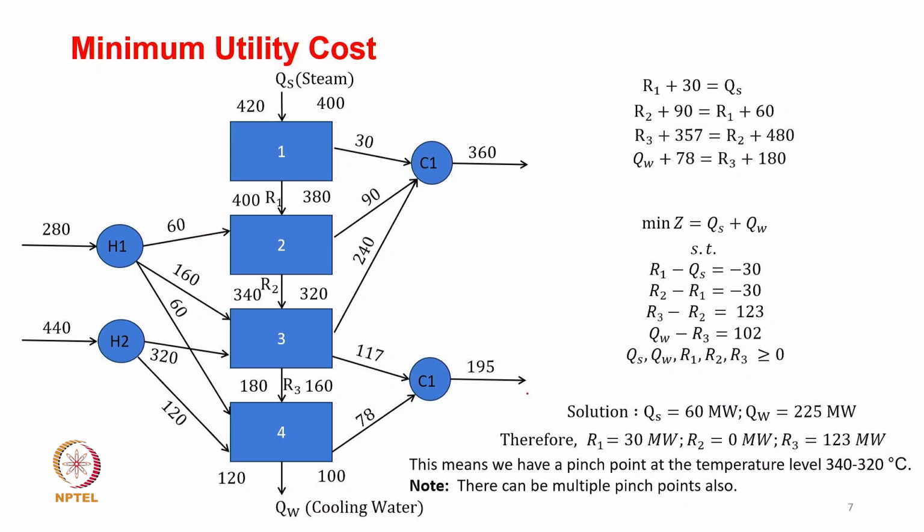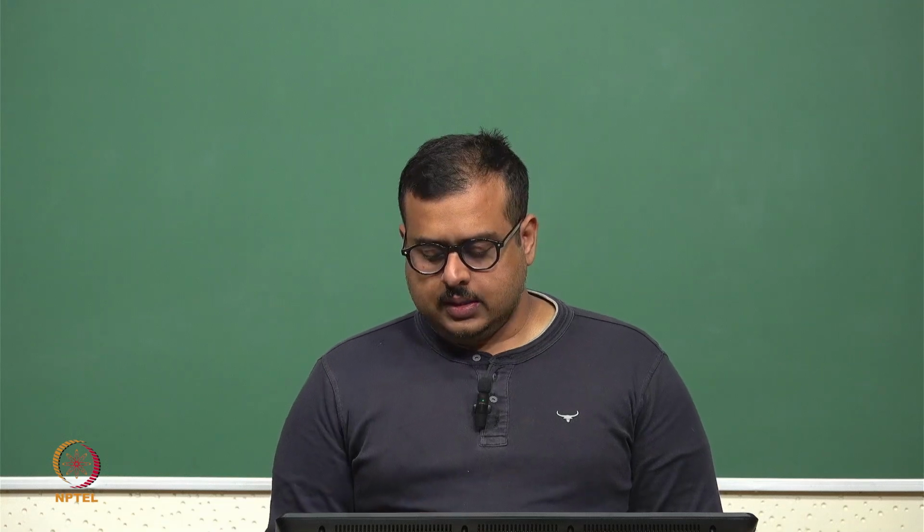And also we need to understand that all these residual heats R1, R2, R3 should be greater than 0, and of course the utilities QS and QW are also greater than 0. So this forms what we learned earlier as a linear program. When we solve this problem, we will get the QS and QW optimally that we need.